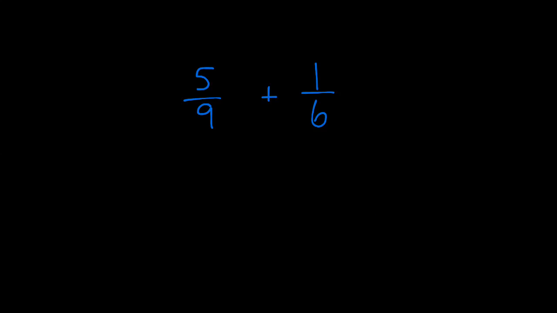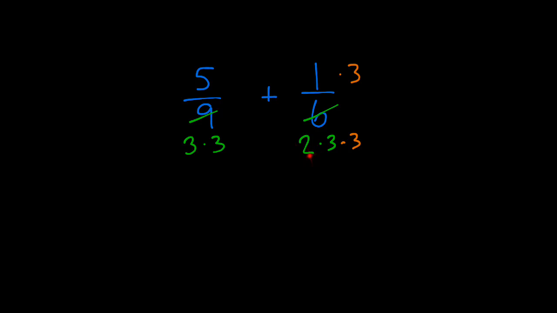And just one last example, we have 5/9 plus 1/6. Let's find our common denominator by factoring again. So 9 would factor into 3 times 3. 6 factors into 2 times 3. So from this one we have 2 threes. Over here we only have 1, so we're missing a 3. So we're going to multiply that factor into the top and the bottom.